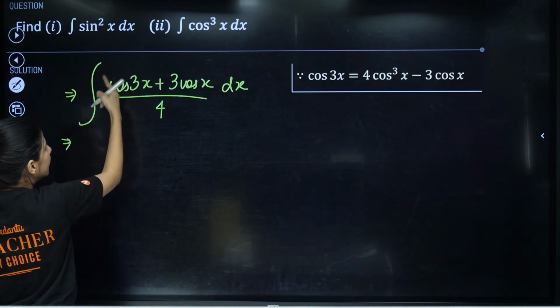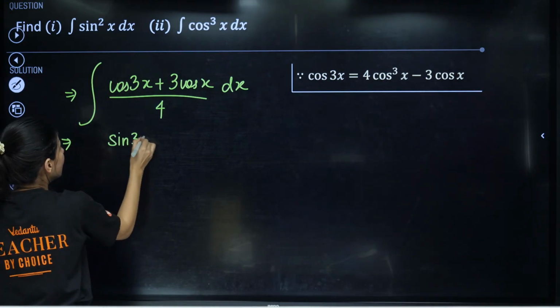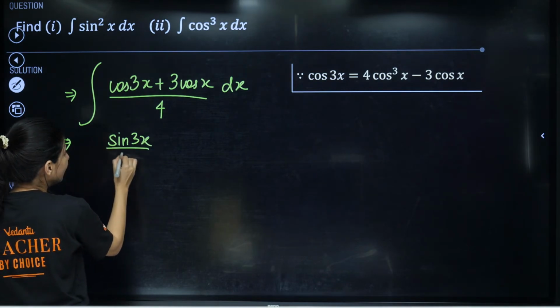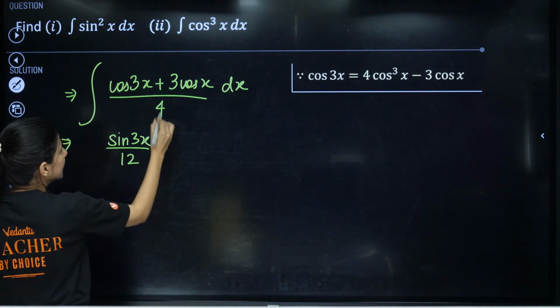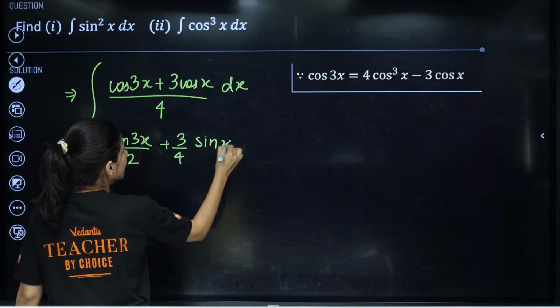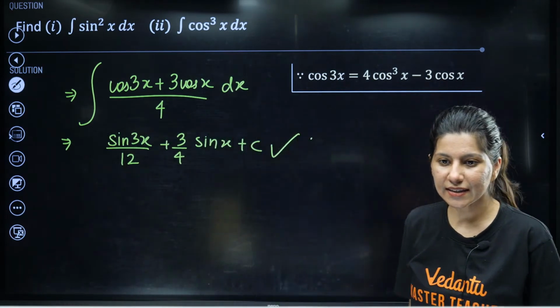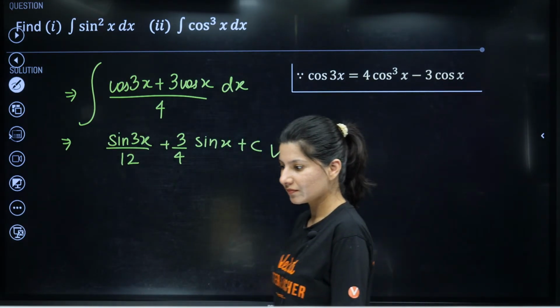Now integrate. The integration of cos is sin. So sin 3x upon 3, 4 3s are 12, plus the integration of 3 by 4 cos x is again sin x, plus constant. Done. Clear?